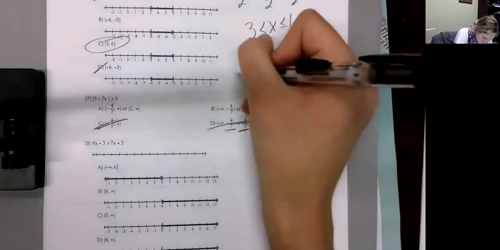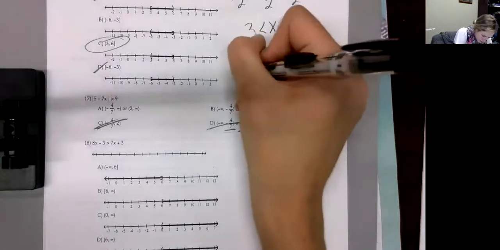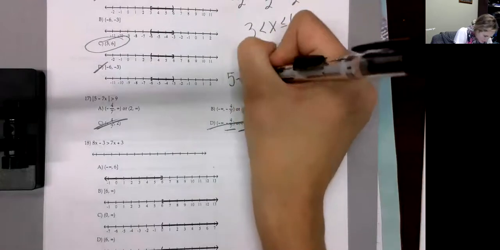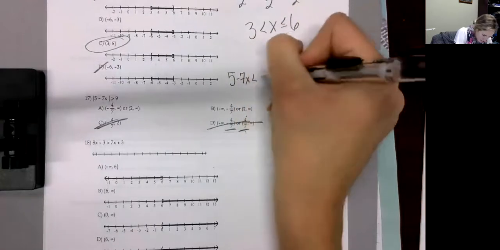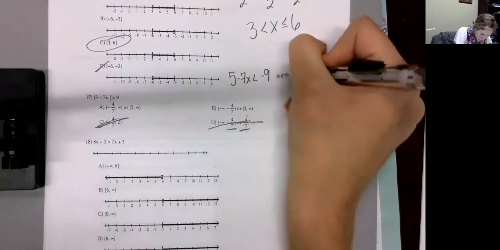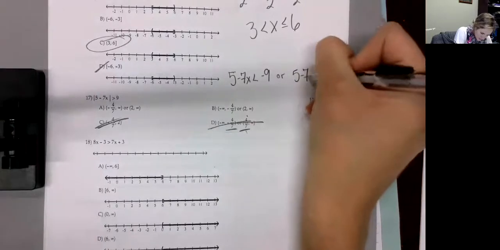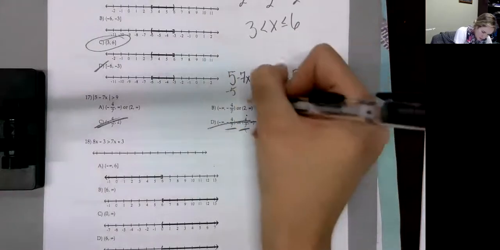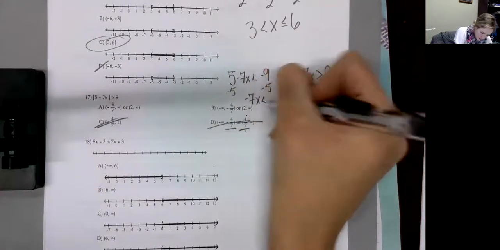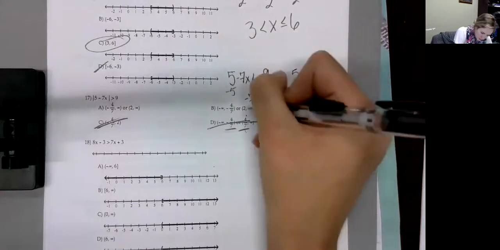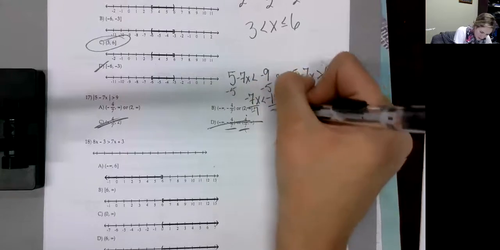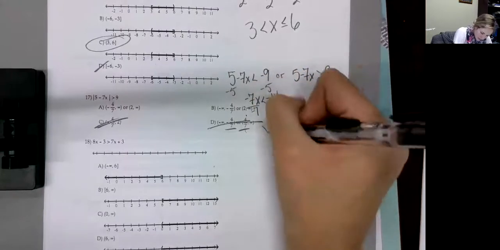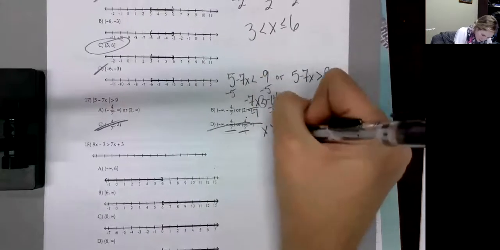Anyway, I'm going to do the negative one first. 5 subtract 7x is less than negative 9, or 5 subtract 7x is greater than 9. So we're going to subtract 5 first. So we have negative 7x is less than negative 14. When we divide by our negative 7, we get x is greater than 2.